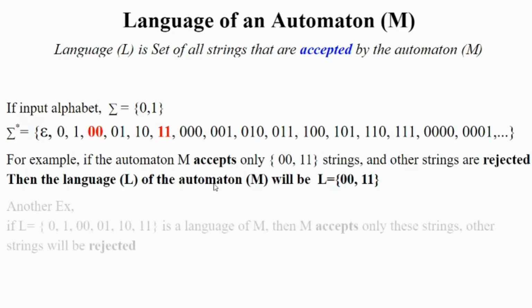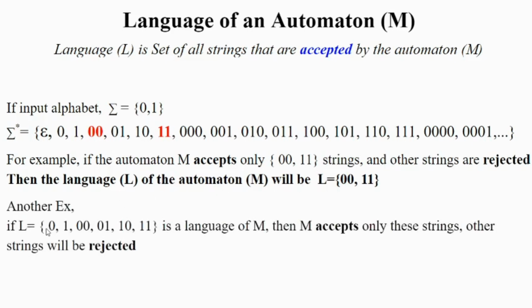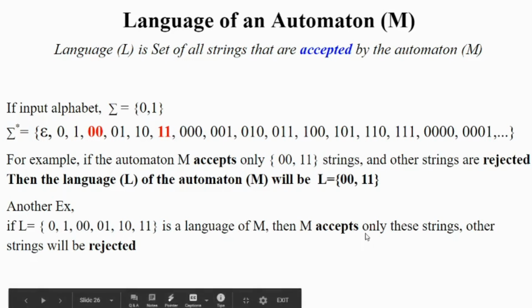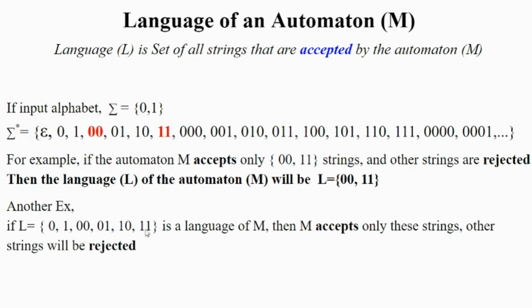In another example, if L is 01, 00, 10, 11, 0 and 1, these 6 strings, then the automaton will accept only these strings, other strings will be rejected.